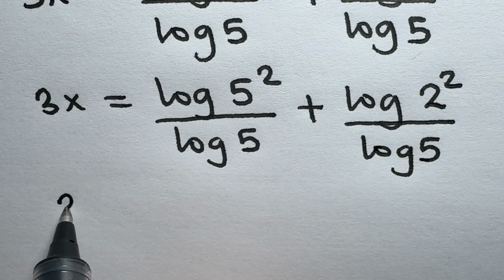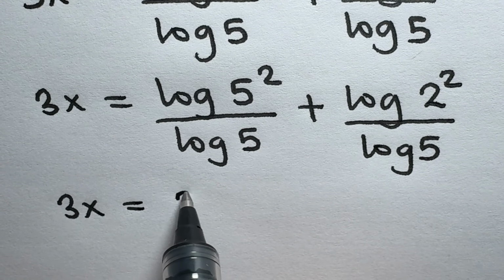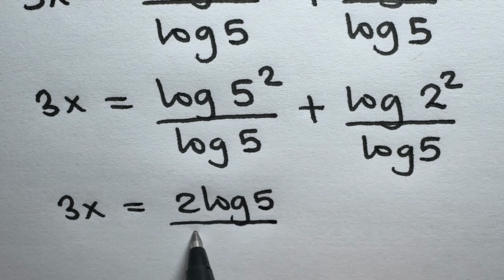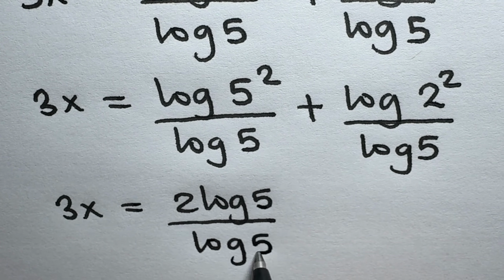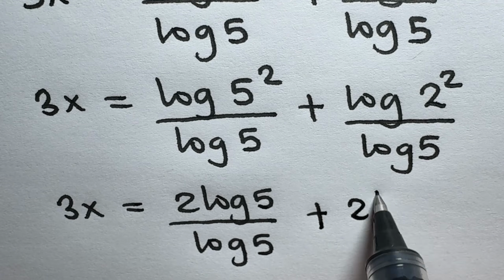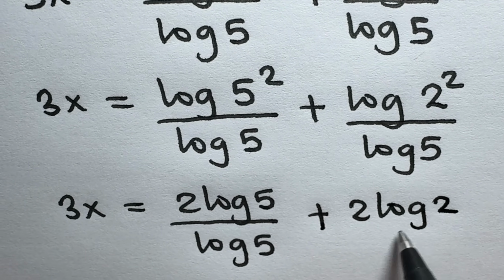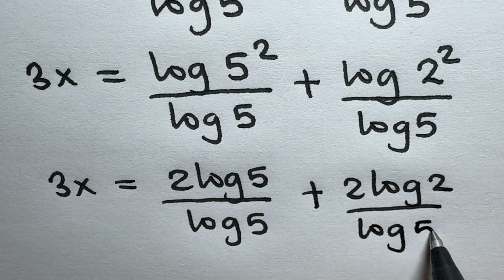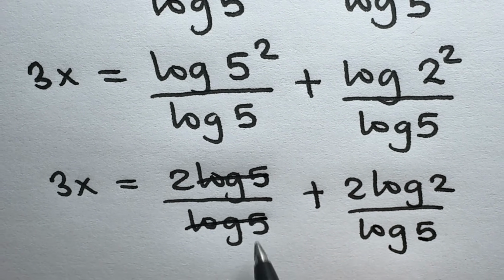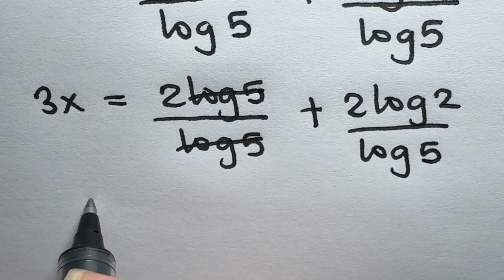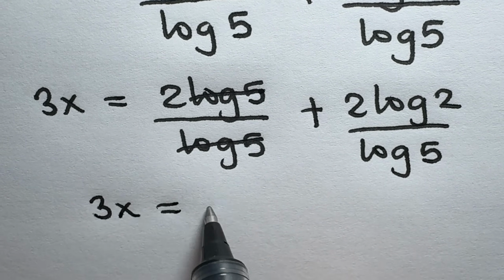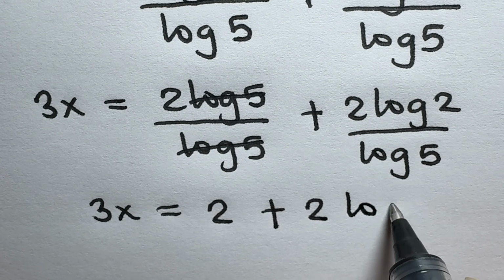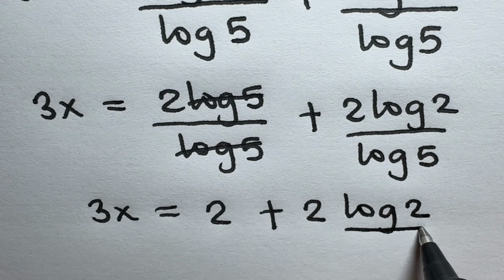We will express this as 3x is equal to 2 log 5 divided by log 5 plus 2 log 2 divided by log 5. So that log 5 cancels log 5 here. Then we have 3x is equal to 2 plus 2 times log 2 divided by log 5.